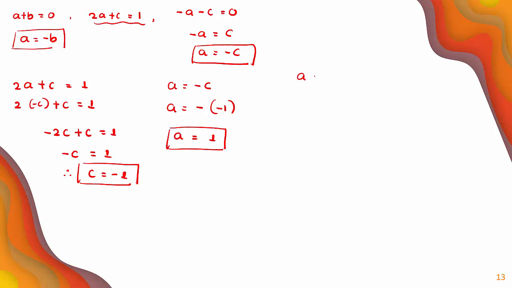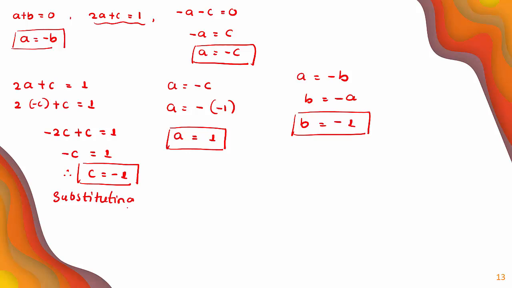Similarly, a equal to minus b, so b equal to minus a. The a value is 1, so substituting here we got the b value. So we got a equal to 1, b equal to minus 1, c equal to minus 1. Now substitute all these values in equation number 1.